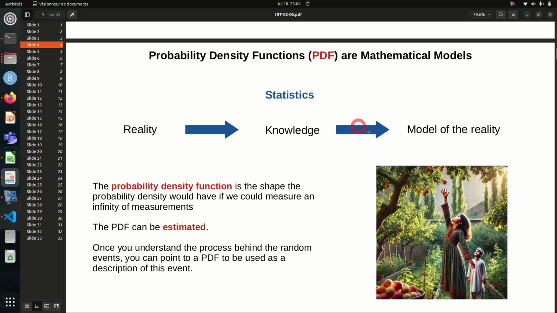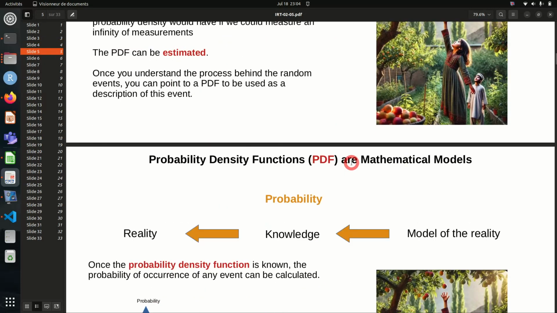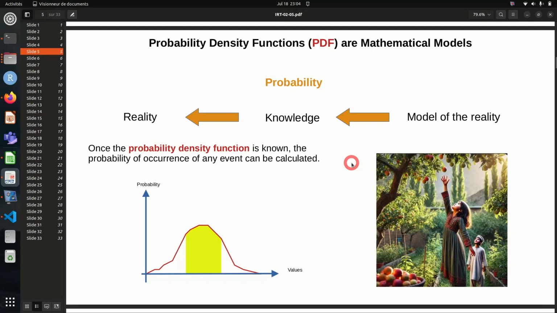We can get closer to this model of the reality, which ultimately will be a mathematical model, which means with a function, with a mathematical function. Why so much effort to find this model? Because in the end, we want to predict. We want to say something about the future.